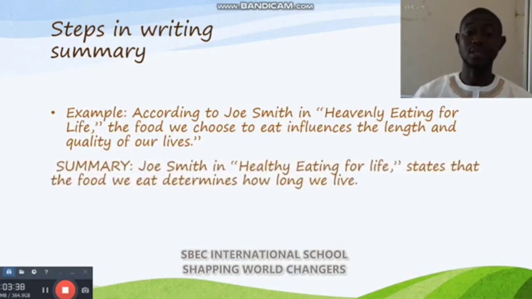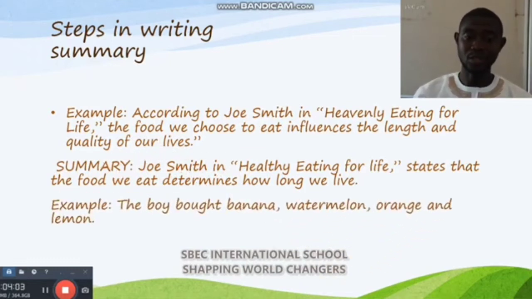Joe Smith in Heavenly Eating for Life states that the food we eat determines how long we live. So you realize that we have removed some words like the word according to, and we take them out. That's why we call it ellipses in summary. That is, you remove some words that are not important at all, non-essential, and you maintain the main ones.